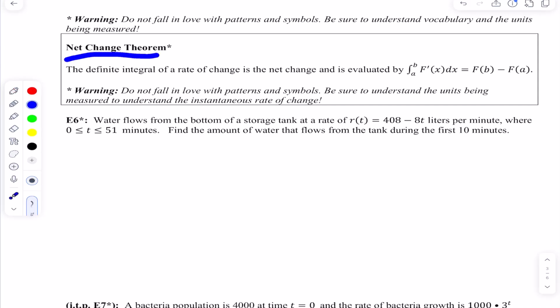The net change theorem. The definite integral of a rate of change is the net change and is evaluated by this definite integral. Keep in mind this is a refinement of the fundamental theorem of calculus.